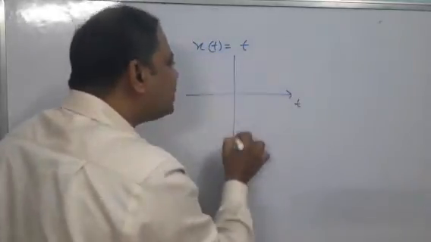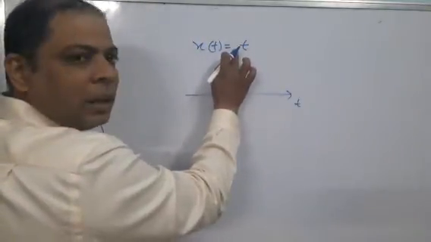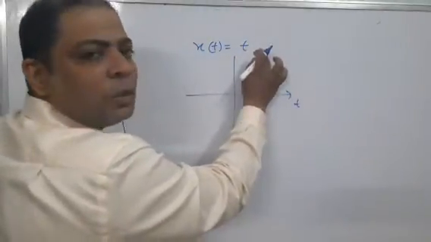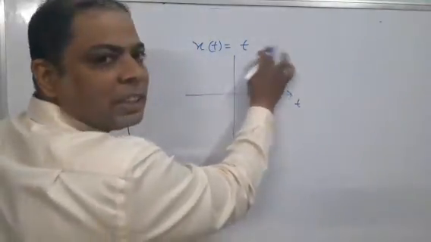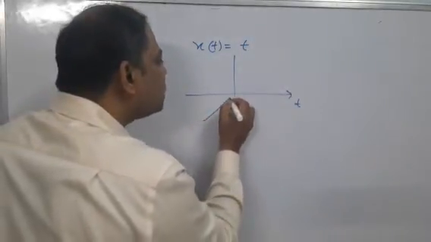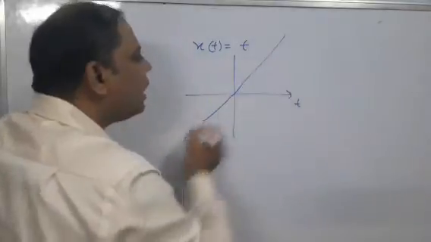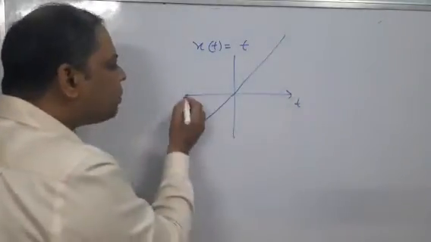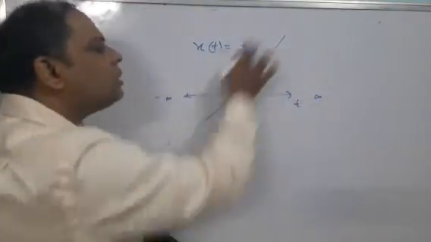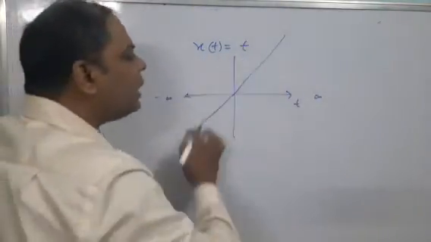See, this is the time axis. Slope is 1, positive slope, meaning rising. In mx plus c, nothing is mentioned for c, so c is equal to 0 and y is equal to mx. This is the plot. It passes through the origin and is a straight line from minus infinity to plus infinity. For x(t) is equal to t, the plot is this.